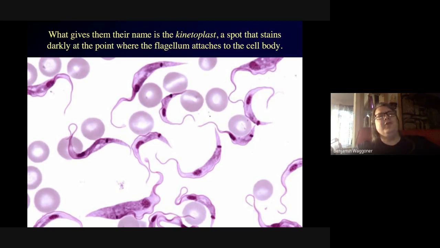I mentioned a ways back that we think mitochondria are descended from symbionts because they've got their own DNA. Well, this happens to be one of the few places where you can actually see it. That kinetoplast is a lump of DNA inside a big mitochondrion that fills up the front end of the cell right next to where the flagellum attaches.